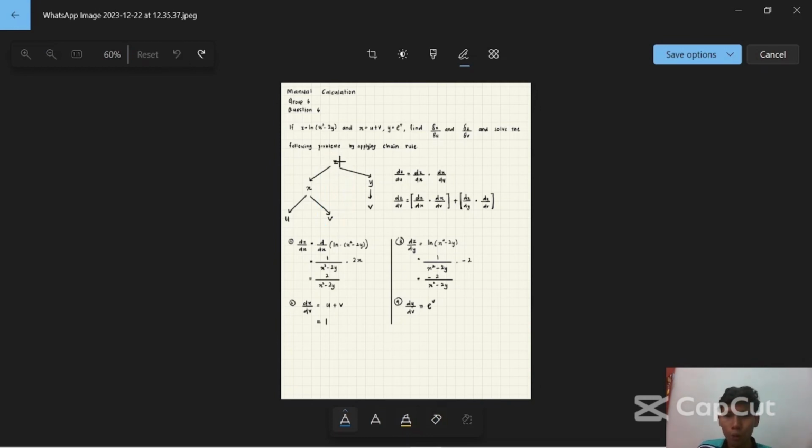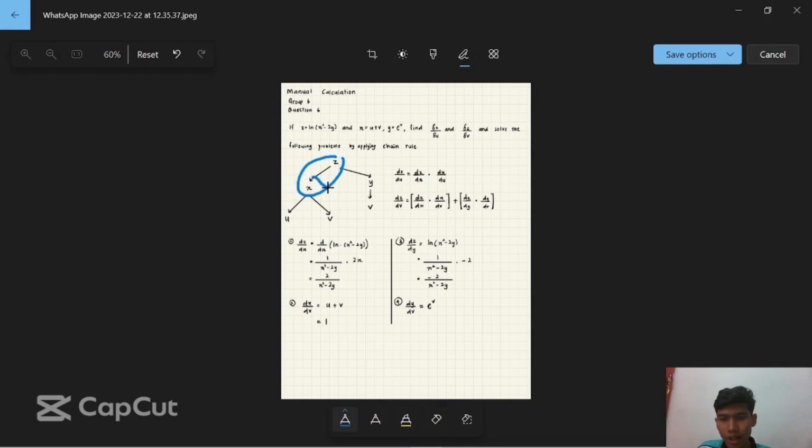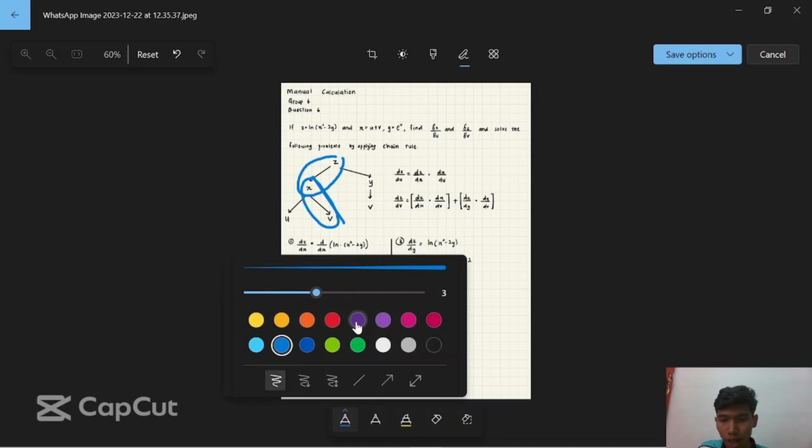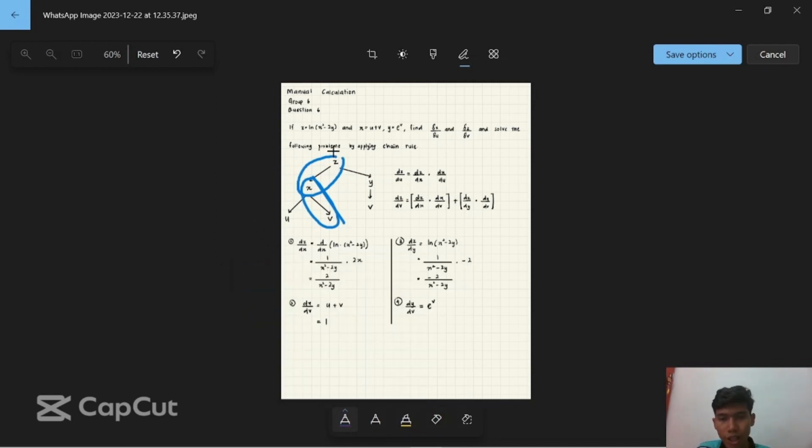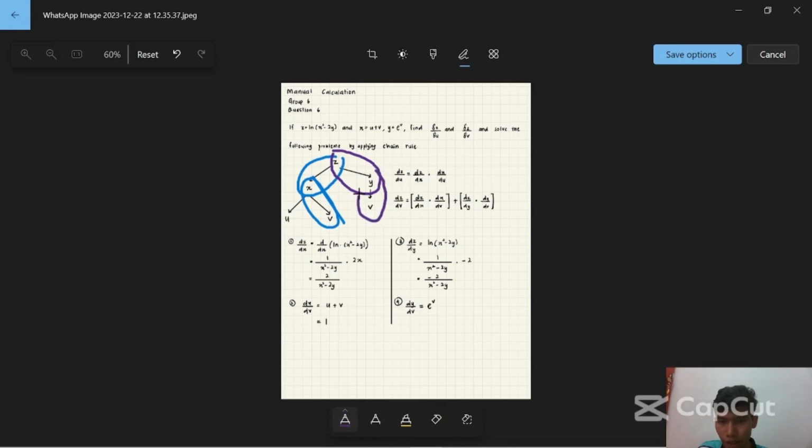We need to differentiate z with respect to x first, times differentiate x with respect to v here, and then we need to differentiate z with respect to y times differentiate y with respect to v. So we will get our equation for the partial derivative of z with respect to v like this.